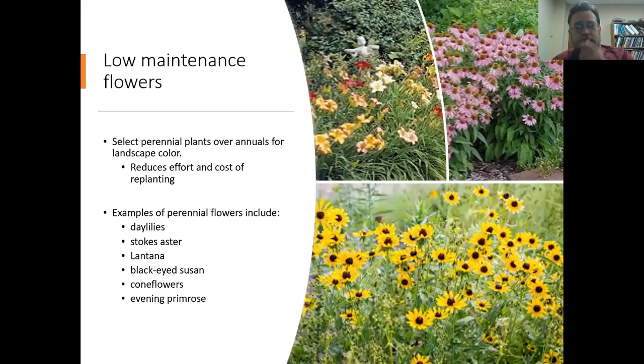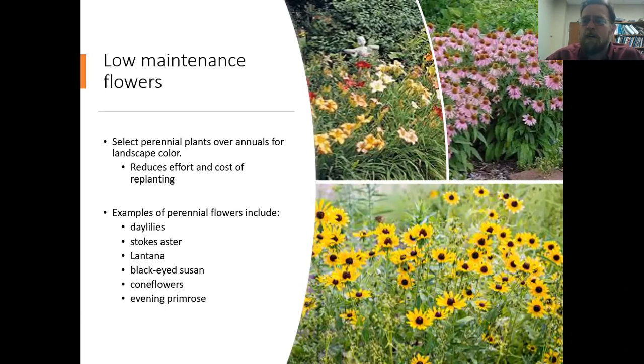One thing that I really like to do is make sure that the plants that I have in my landscape are pretty low maintenance. There's a lot of opportunities to use perennials for really great landscape color. So plants like daylilies, lantana, which is just great for butterflies and bees, Rudbeckia or black-eyed Susan, which you see driving down the road all the time right now.